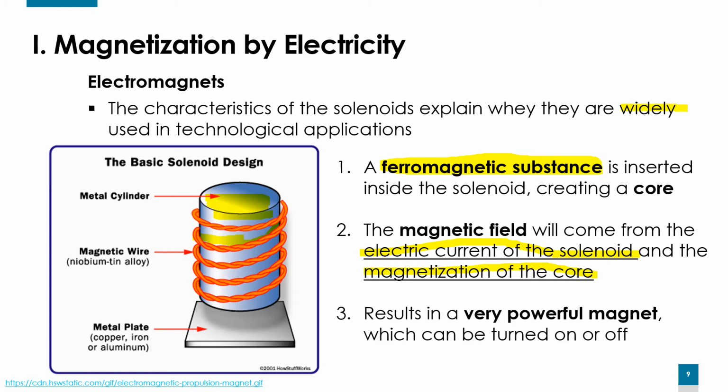This results in a very powerful magnet, which can be turned on and turned off. We have some bar magnets that are very powerful, but the disadvantage is that they cannot be turned on or turned off. My solenoid, like that, is also very powerful, and it can be turned on and turned off. That's the huge advantage.